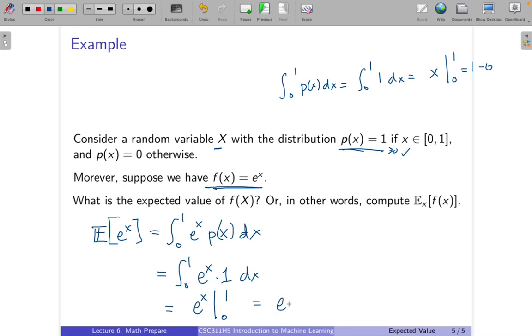So I get the expected value e minus 1, or e to the 1 minus e to the 0. So e to the power of 1 is just e, and e to the power of 0 is just 1.